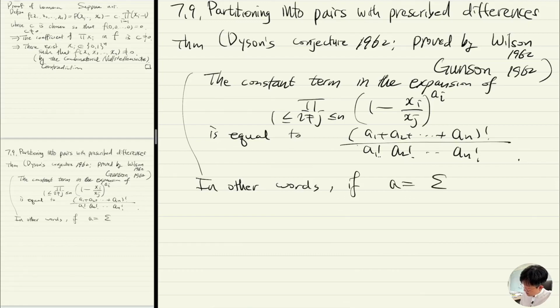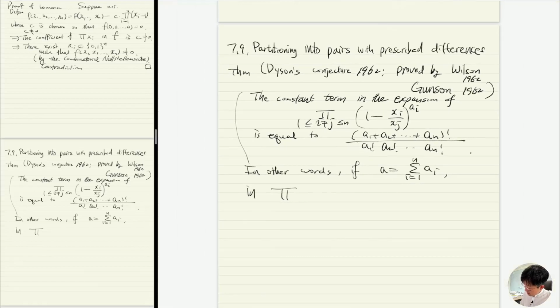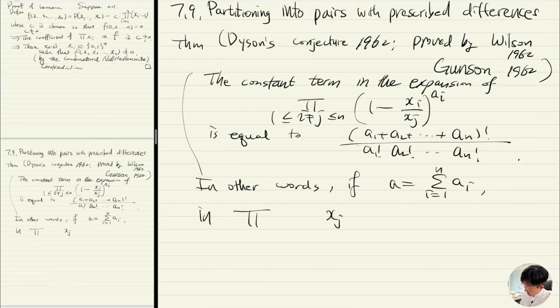if A is equal to the sum of ai, then when you look at this, you have this xj to the minus ai term, right? So what you end up with is a product of (xj minus xi) to the ai, and then you also have aj, right?